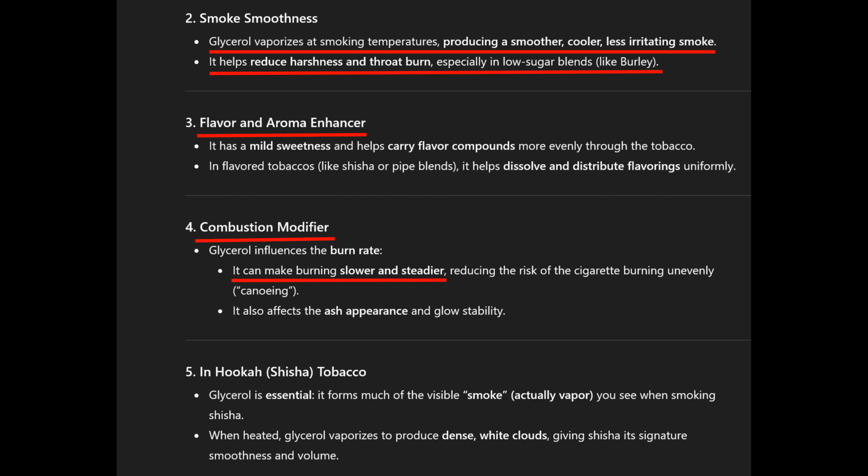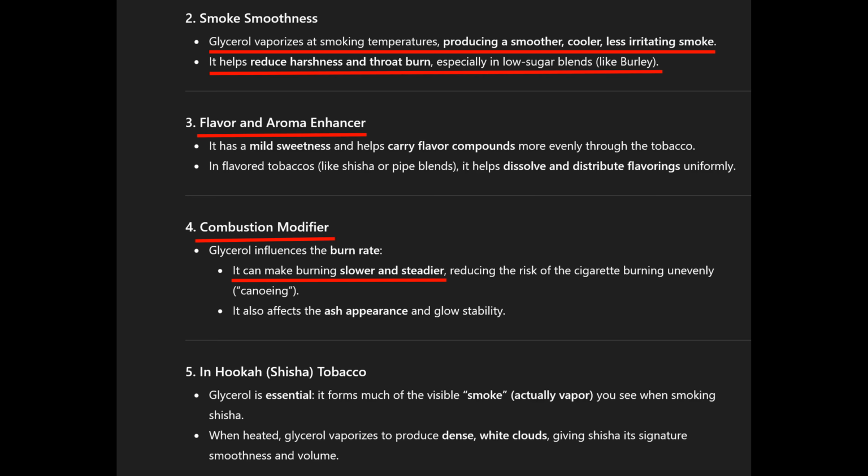Let's get further. Smoke smoothness. Glycerol vaporizes at smoking temperatures, producing a smoother, cooler, less irritating smoke. It helps reduce harshness and throat burn, especially in low sugar blends like burley. Flavor and aroma enhancer, that's again important.